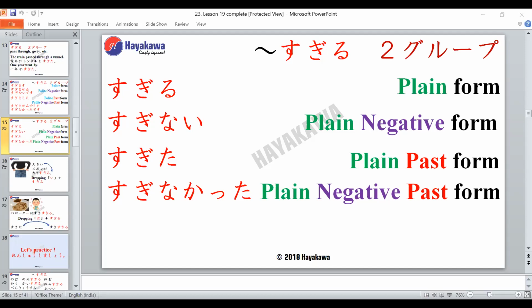And the plain negative past form will be suginakatta. Very good, Siddhartha. Because it's a second group verb, you just drop the masu and add nai. Sugita is your ta form and suginakatta is the plain negative past form. Any doubts over here?